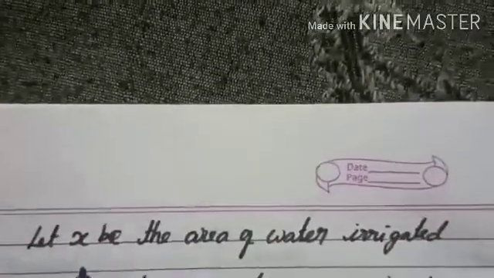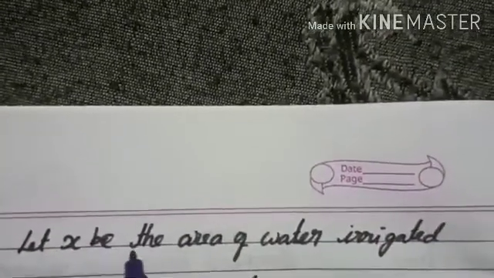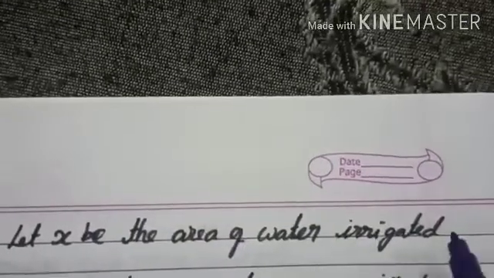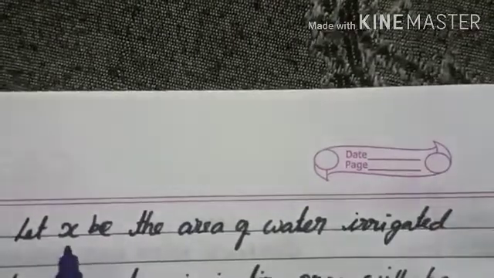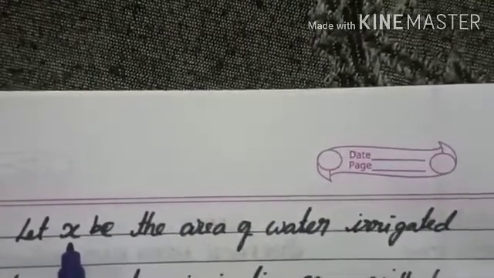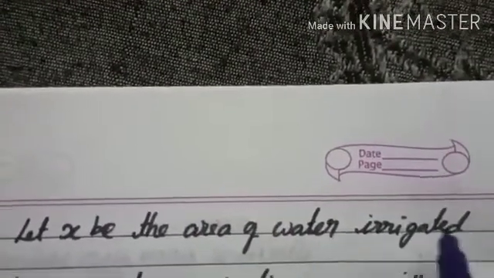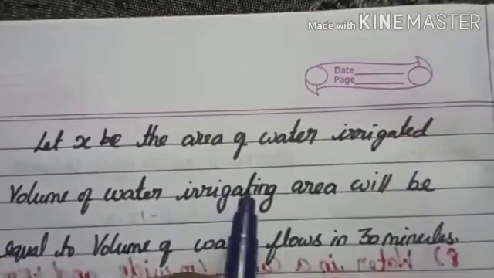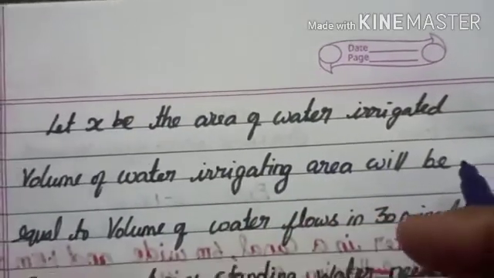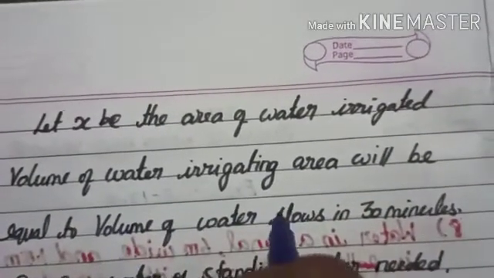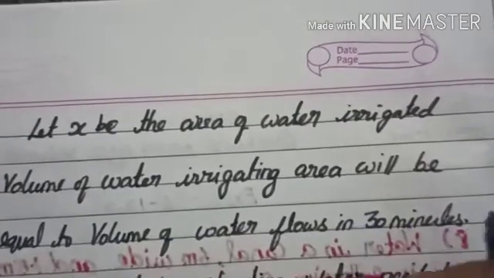We don't know the area, so let X be the area of water irrigated. Another concept: the volume of water irrigating the area will be equal to the volume of water that flows in 30 minutes.